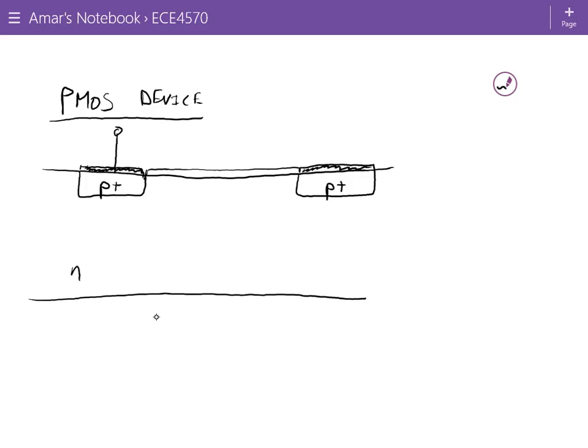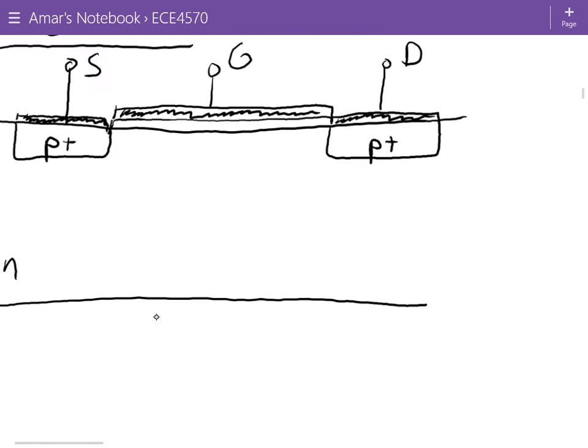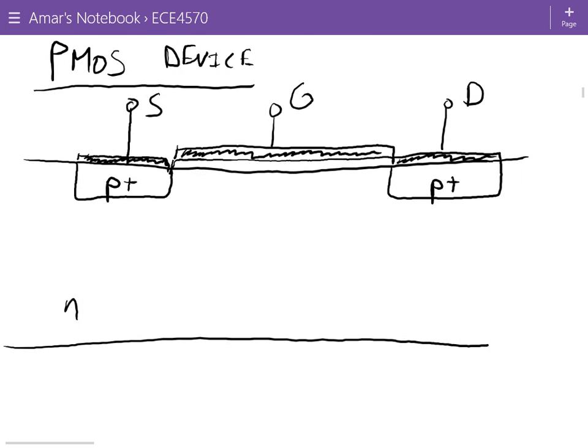So this is the oxide, and then this is the gate. So this is what the structure of a PMOS device looks like. Now, in order to get the PMOS device to go into strong inversion, what do we need to do in order to turn the device on?